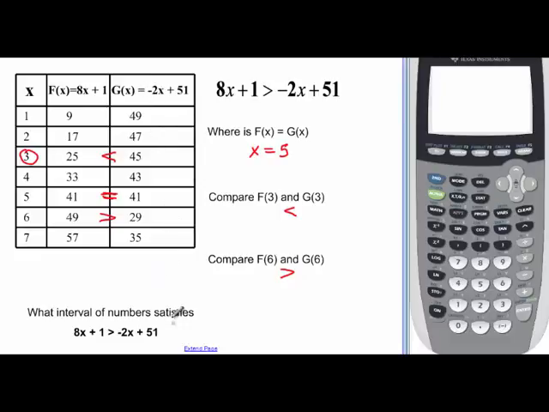Well, that's going to be down here below my 5. Because if I look at 7, 57 is bigger than 35. It's also greater than. So it's going to start where? Well, it starts at 5. Remember, we're just going to put a parenthesis there because it means really close to 5, but not exactly 5. And then it's going to go like that forever, so it would be infinity. And infinities always have a parenthesis.